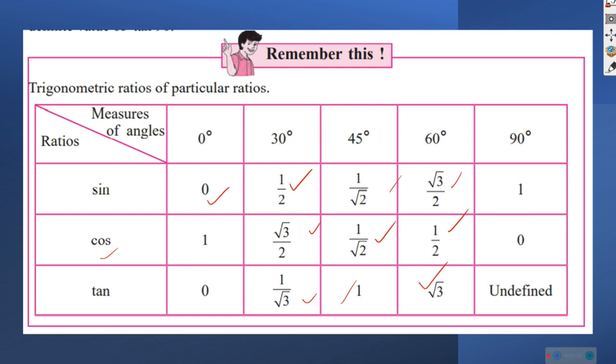Why? Because there is a chapter trigonometry in the coming year. फिर उधर क्या पढ़ेंगे? Something based on this. So base should be perfect. Do it. Thank you.